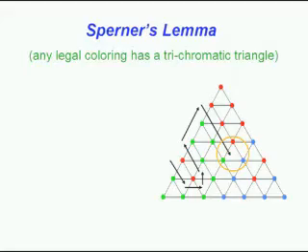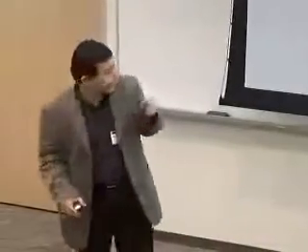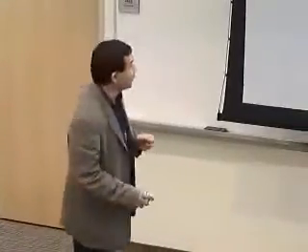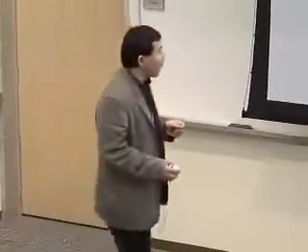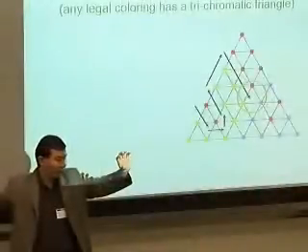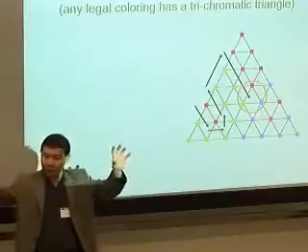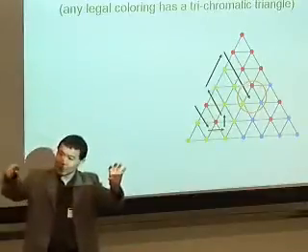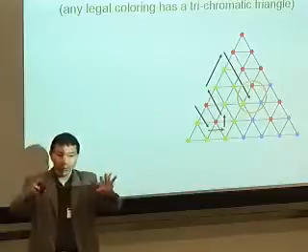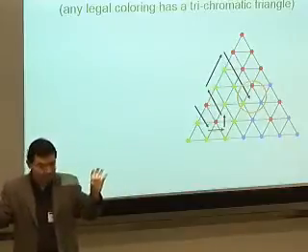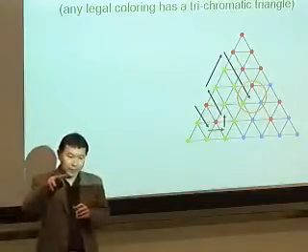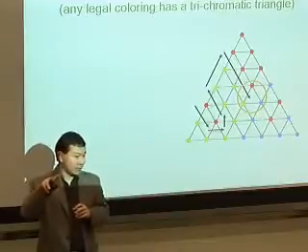So here is one lemma which I really like, and it's a beautiful lemma connecting continuous math and combinatorics. It's called Sperner's lemma. Perhaps the easiest one to describe is one-dimensional. So imagine you have a line, an interval, and you color one end with red and one end with blue. And suppose you divide the interval into subintervals. You color anything in the middle arbitrarily. Then we know there must be an interval that has two colors at the ends.